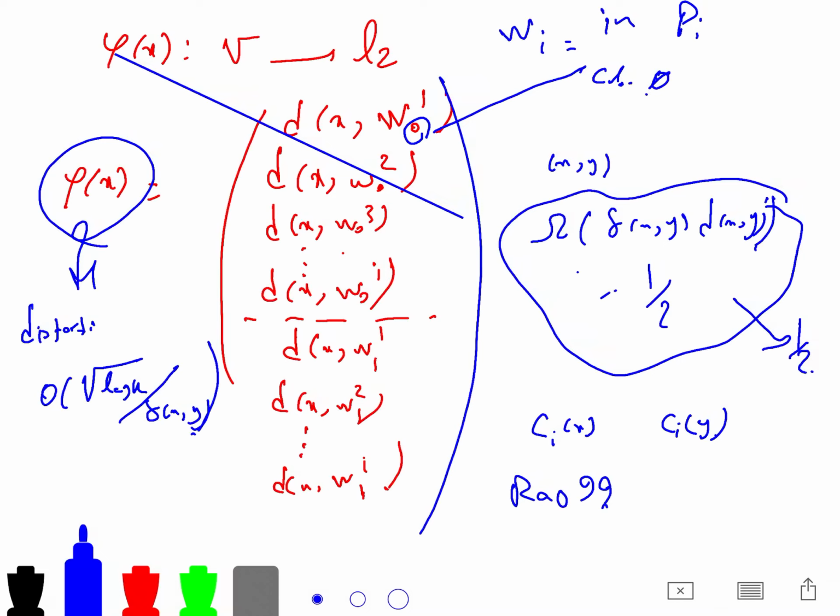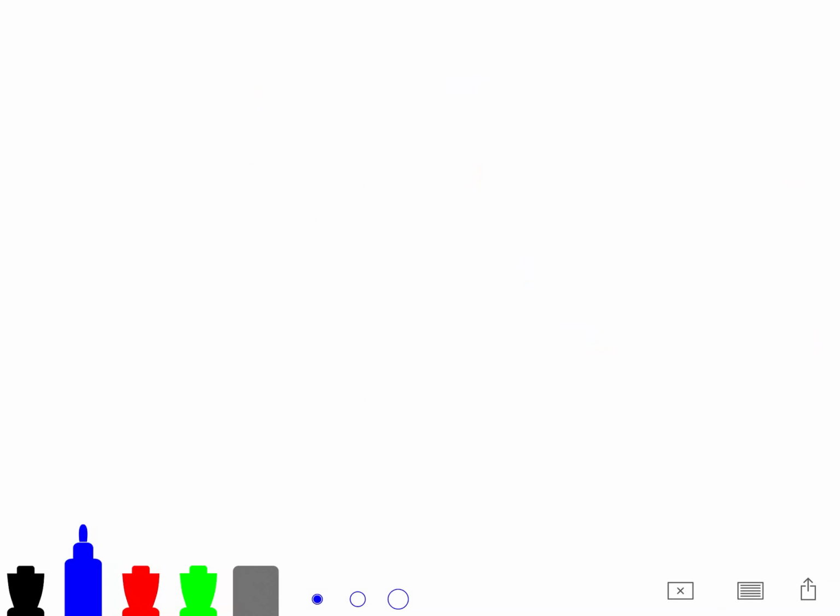And James Lee modified this algorithm. So the goal is to construct an embedding in which the distance between x and y increases as local expansion v of x and y increases.